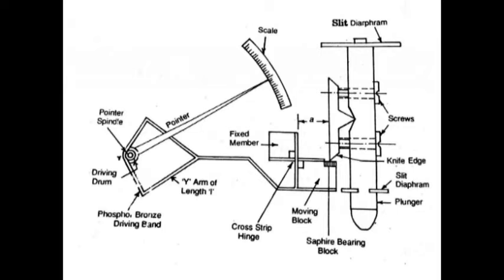Any vertical displacement of the measuring plunger, and hence that of the knife edge, makes the moving block of the cross strip hinge move about the pivot. This causes the rotation of the Y arms. The metallic band attached to the arms makes the driving drum, and hence the pointer, rotate.